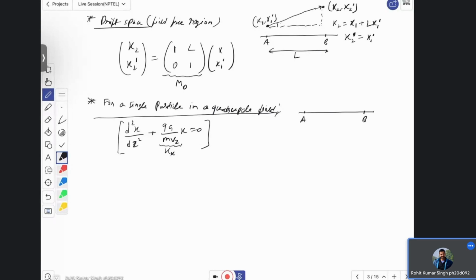Okay, so it is the equation of motion of SHM, and its solution is given like this.